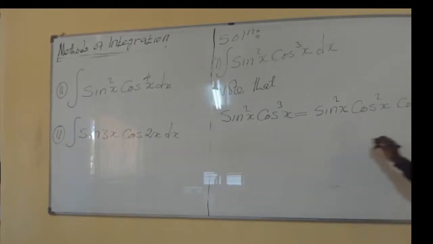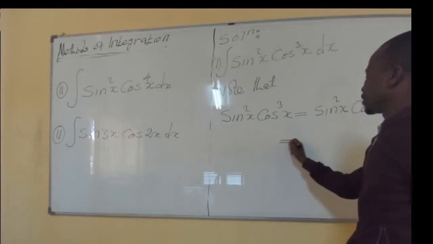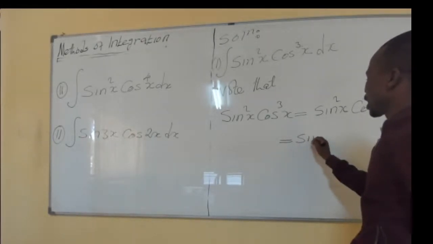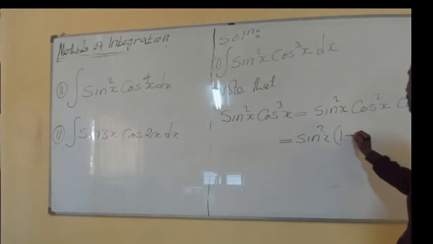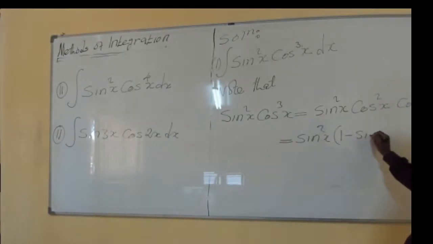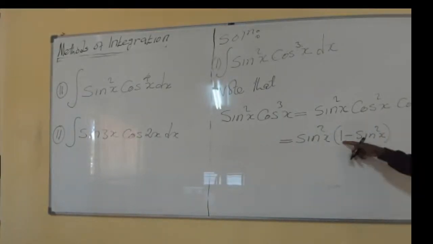Now, using trigonometric identities, this is the same as sine squared of x times 1 minus sine squared of x, where there is cos squared of x, we substitute by 1 minus sine squared of x, multiplied by cos x.